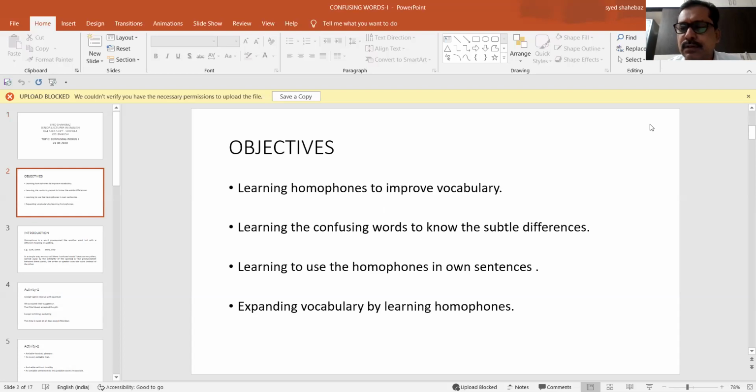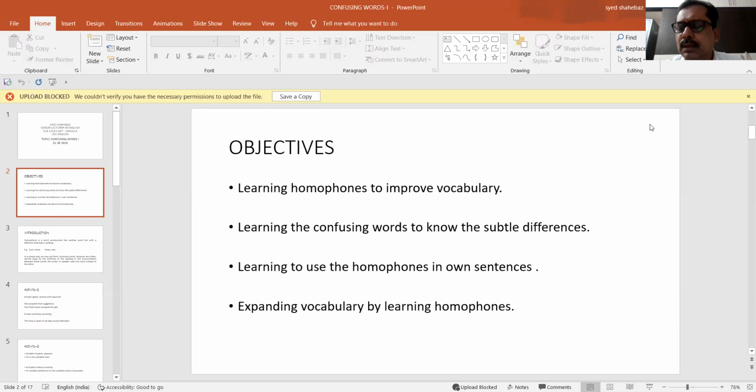The first objective of this lesson is learning homophones or confusing words to improve vocabulary. There are many strategies to improve vocabulary. In the previous classes, we have learned synonyms, antonyms, and one-word substitutes.